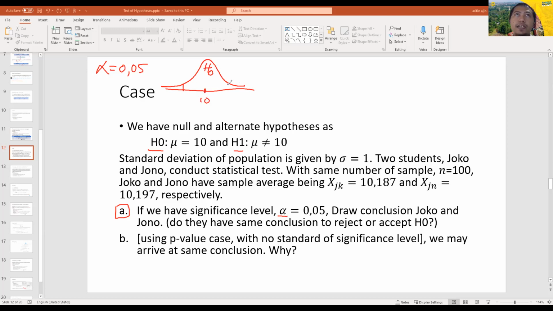So the area of rejection is here. The total is 0.05, so on the left side will be 0.025, and also 0.025 on the right. Until this point, okay? No problem? Okay.